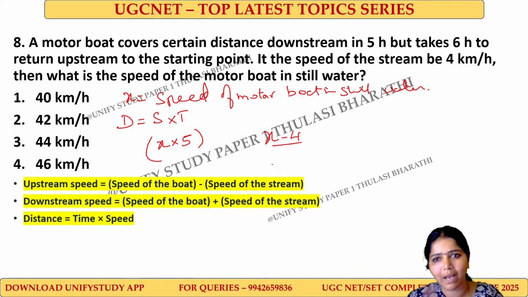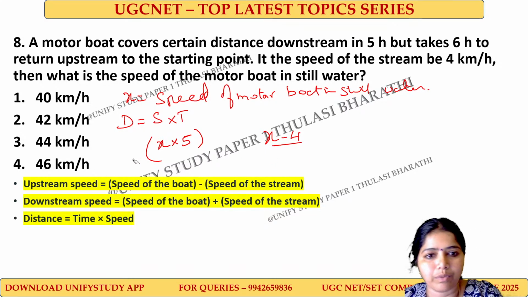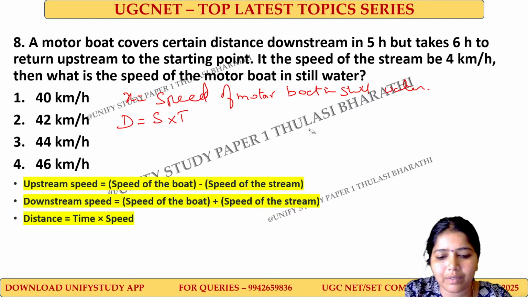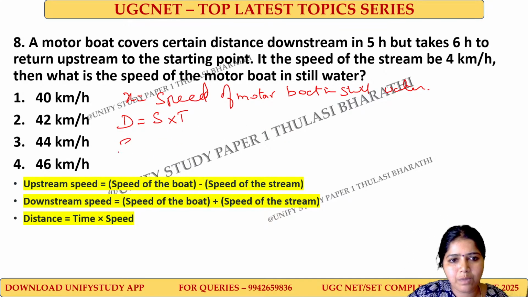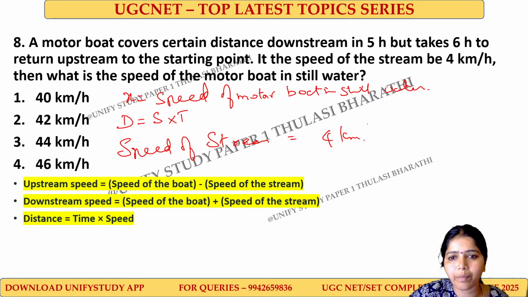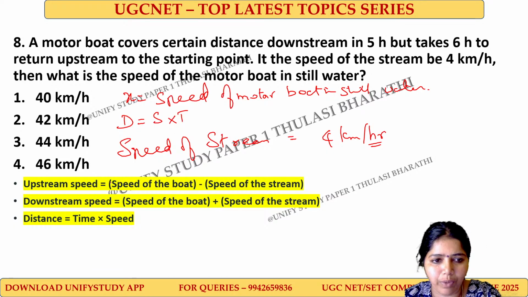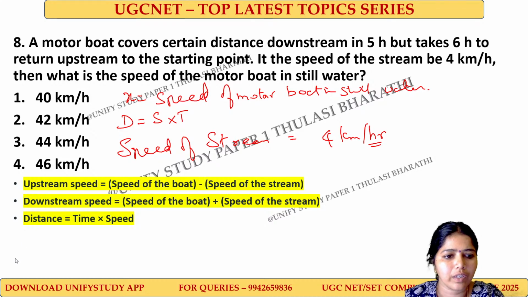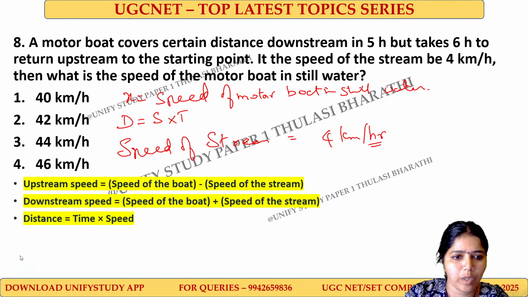Why x minus 4? That is the speed of the stream here. Sorry, one minute. The speed of stream is equal to 4 kilometer per hour. I will just delete this formula. This formula you can utilize to do it.